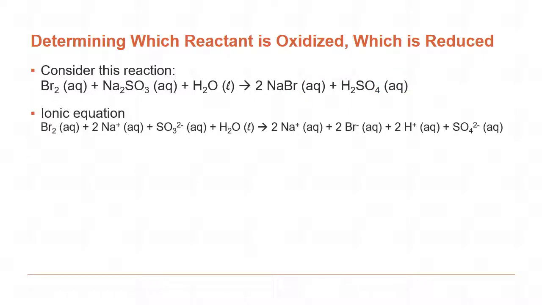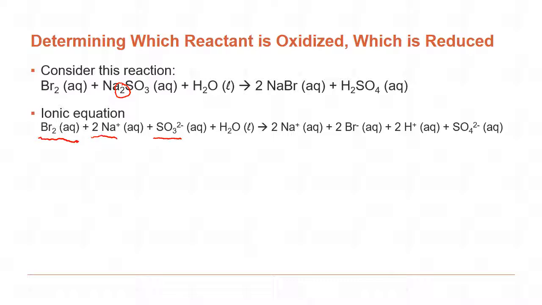I see my Br2 remaining intact. The sodium sulfite separates into sodium ions and sulfite ions. Notice that in sodium sulfite, I need 2 sodiums to bond to each sulfite ion.